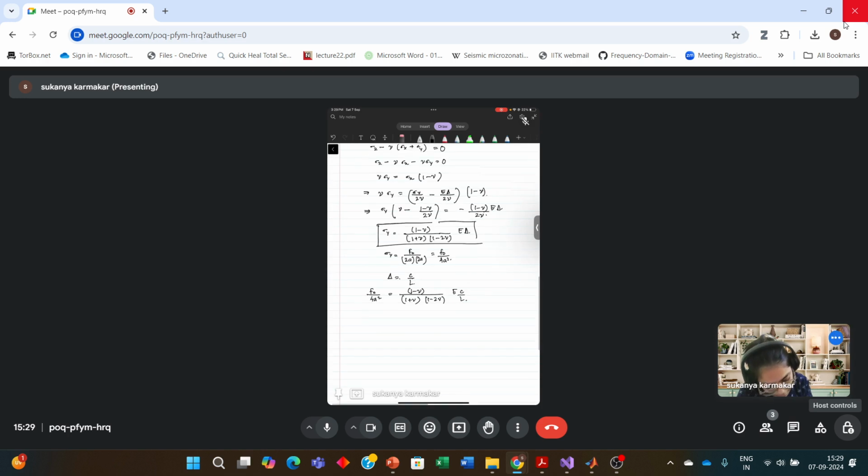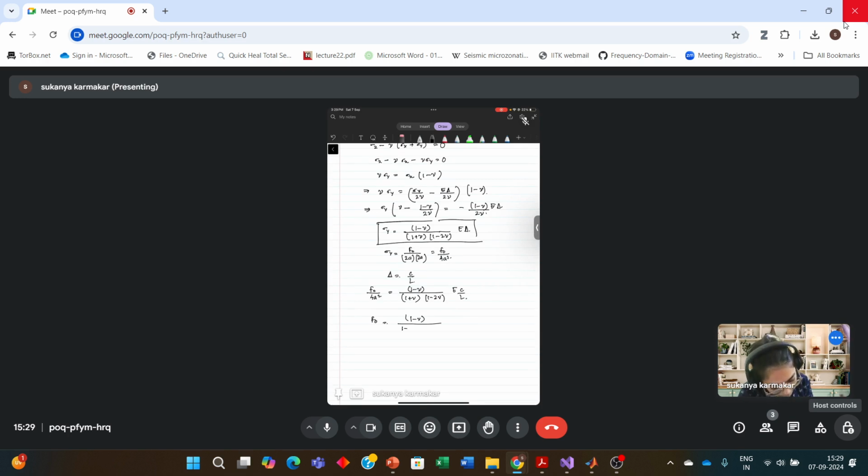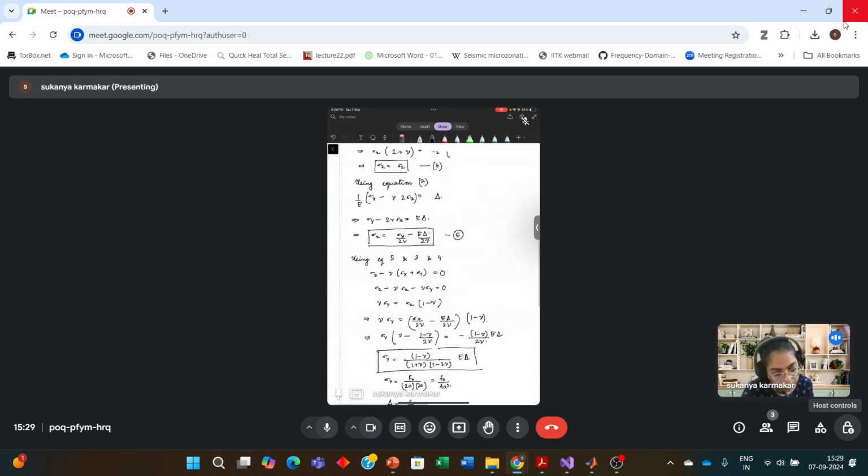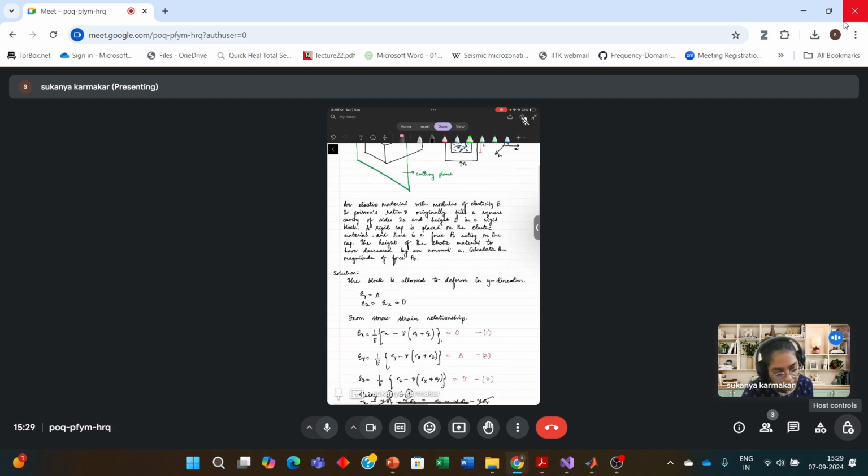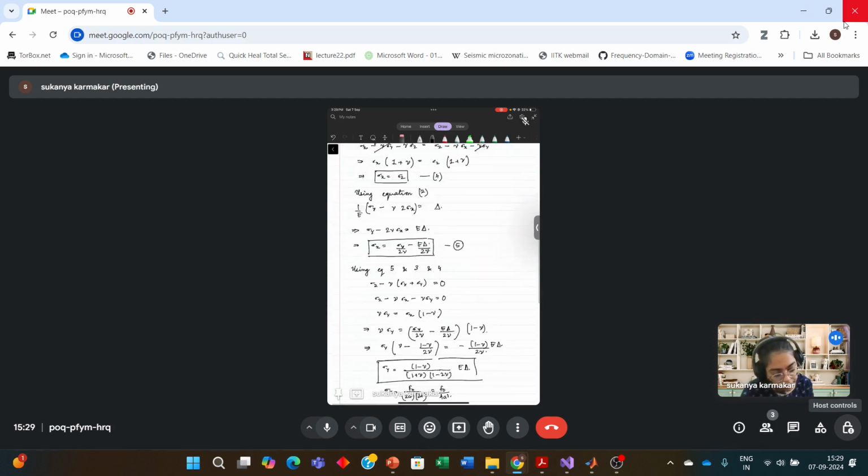So from here you can write F naught is equal to 1 minus nu, 1 plus nu, 1 minus 2 nu, 4a square EC by L. So we had to calculate the magnitude of force F naught.